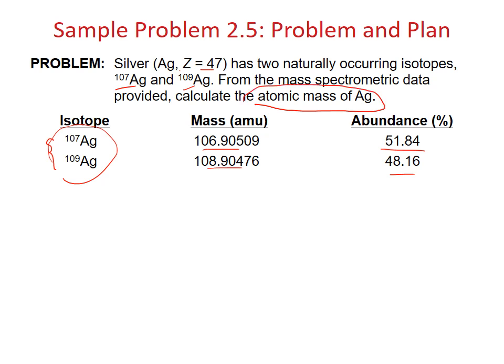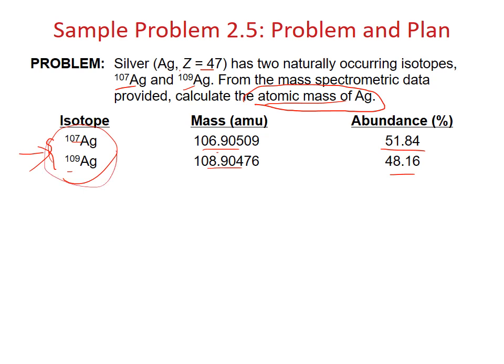In the periodic table, we are not reporting the atomic mass for 107 or 109. Instead, we are reporting the atomic mass for the average of these two, the mixture, the atomic mass of the naturally occurring silver sample.